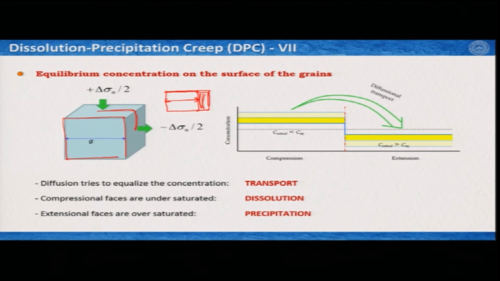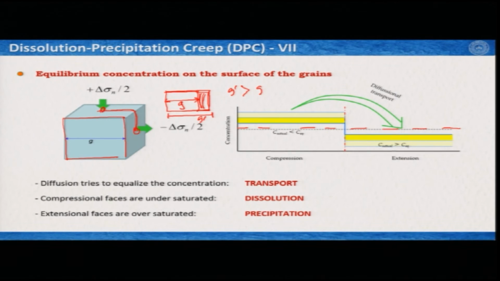So, eventually you are getting something which is greater than G, say G prime. So, clearly G prime is greater than G, and therefore, you achieve some sort of strain, and slowly you also approach the equilibrium concentration from this part to this part. So, diffusion then tries to equalize the concentration. If that happens, then you are doing the transport.